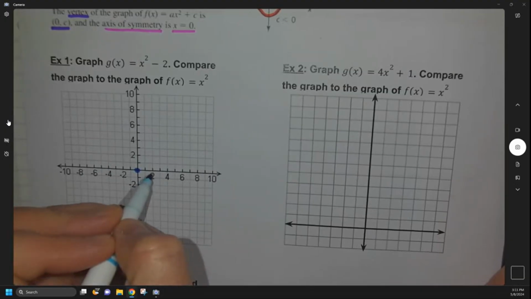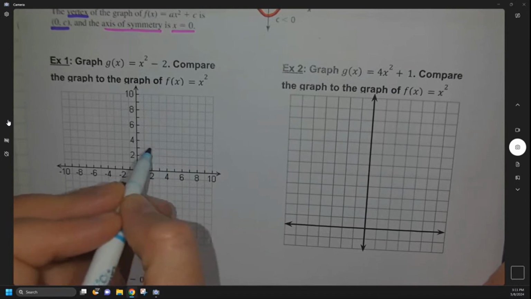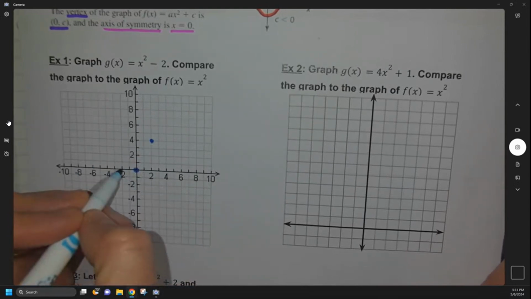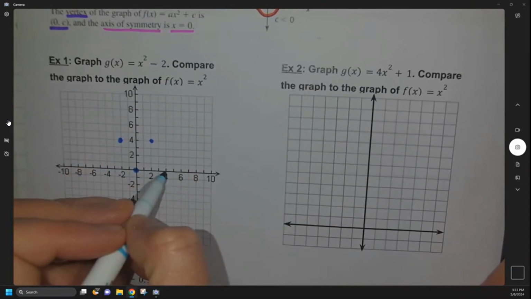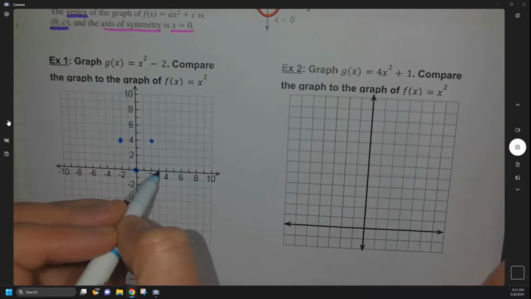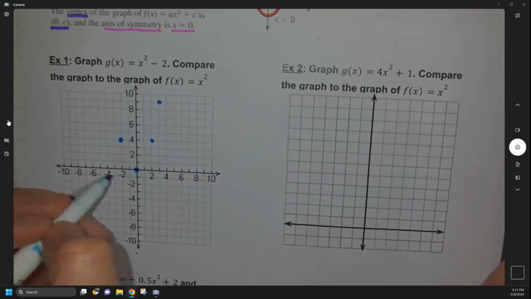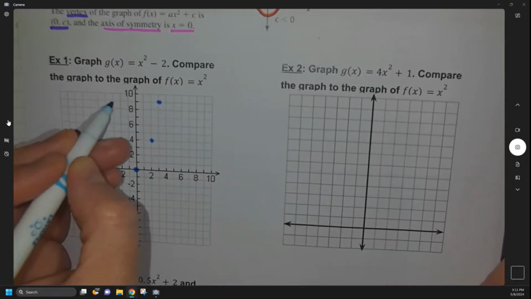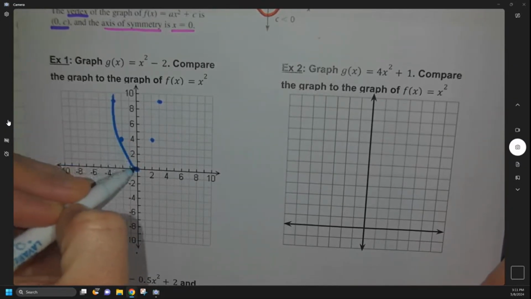If I plug in 2 for x, 2 squared is 4. So 2, and then up here at 4. -2 squared is also 4. Let's do 3. 3 squared is going to give us 9. And on this side, -3 squared is 9. So that gives us our general shape here.